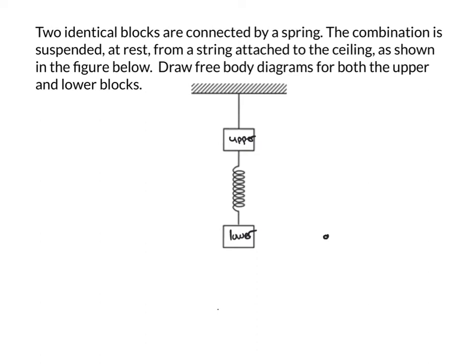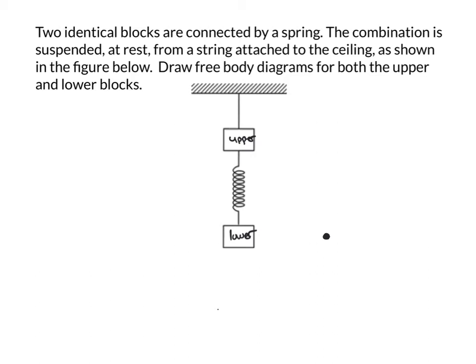I'll draw a little dot down here to represent the lower block. And what are the forces that act on the lower block? Well, following the guidance that we just gave, we're going to first look for contact forces. What is it that's actually touching the lower block? Obviously, there's only one thing touching the lower block, and that is the spring. So the spring is going to exert a force on the lower block. And the spring is a stretched spring.